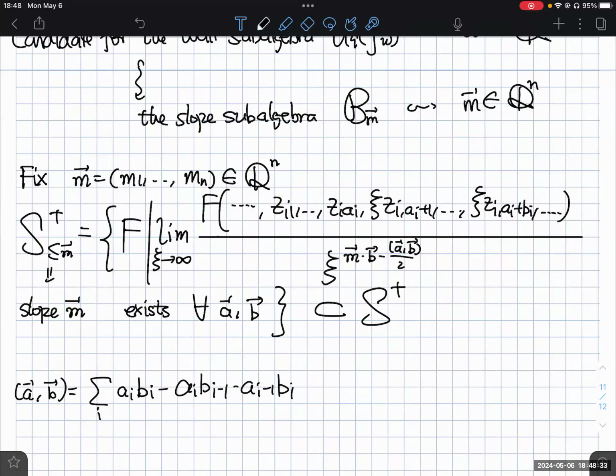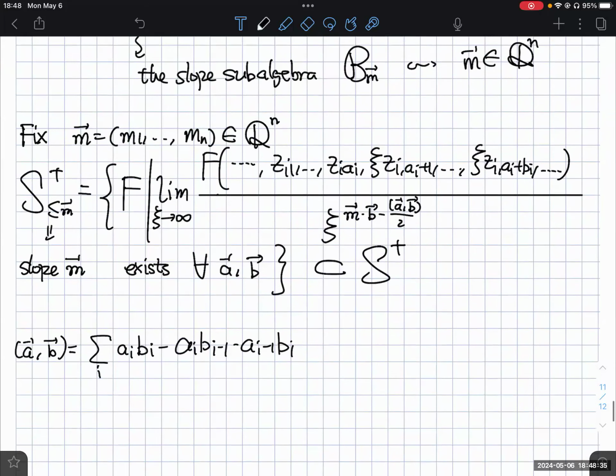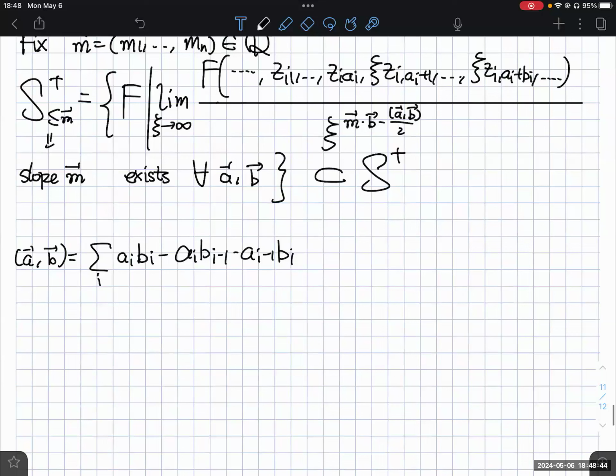This kind of condition is like taking the degree bounding of each variable in this function, and using this, we define the positive part of the slope algebra.